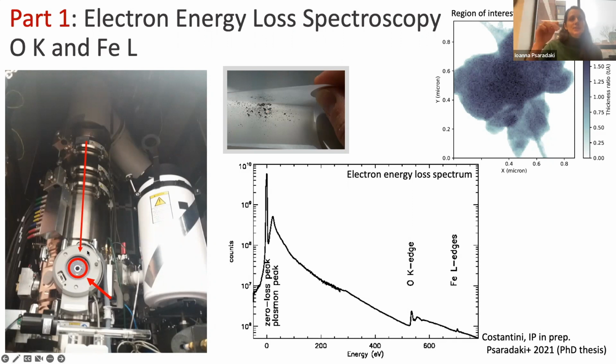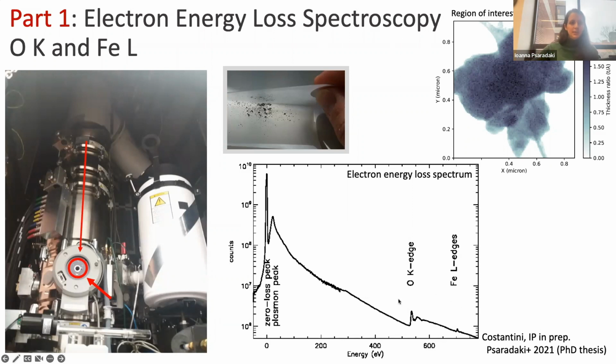There is an electron beam that interacts with the dust samples, and what we measure is the change of the kinetic energy of the electrons because of the interaction with that dust sample. And we get what we call the electron energy loss spectrum, that you see, a raw spectrum from the laboratory here. Basically we get the fingerprints of dust in the oxygen K and iron L edges.